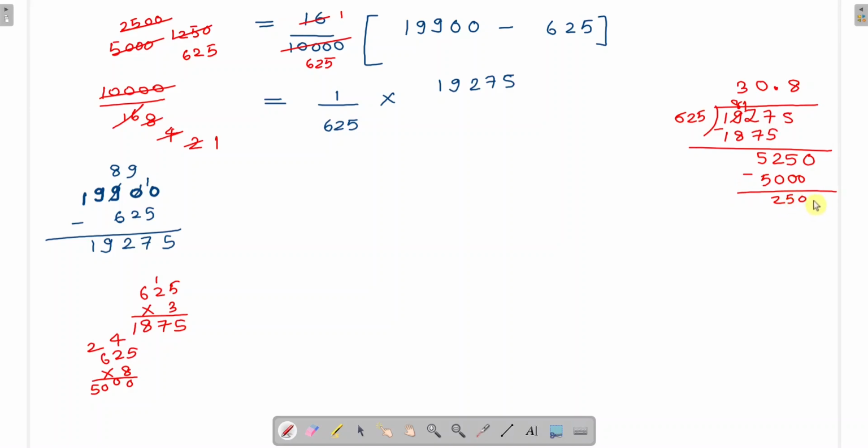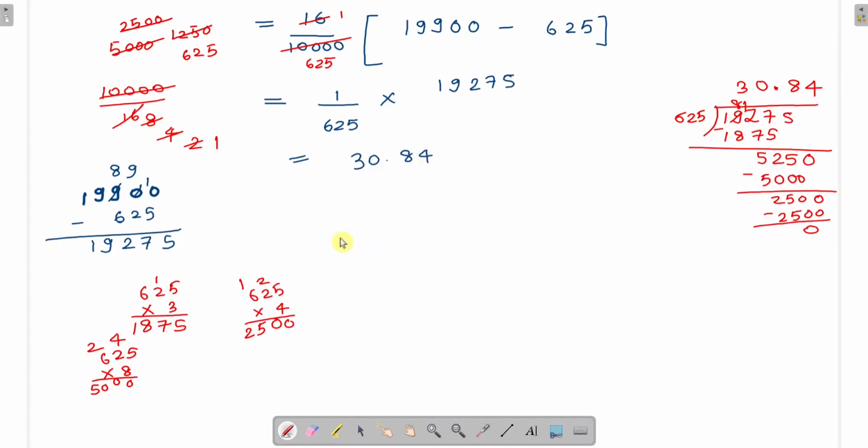Okay, then one more 0 here to take, so 625 4 is the, let us see, 5 4s are 20, 4 2s are 8 plus 2 is 10, 6 times 4 is 24 plus 1 is 25. Yeah, so this is 4 here. Okay, 2500, so that is 0. So that means the variance is 30.84.